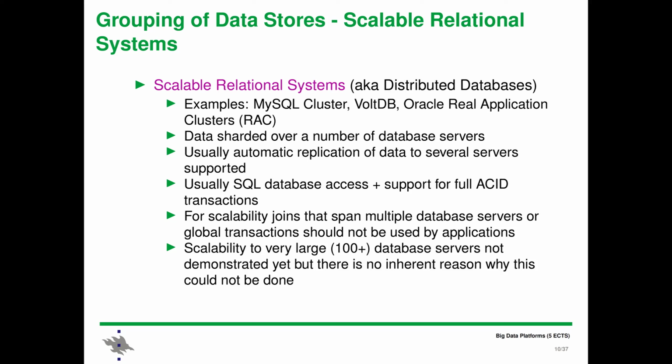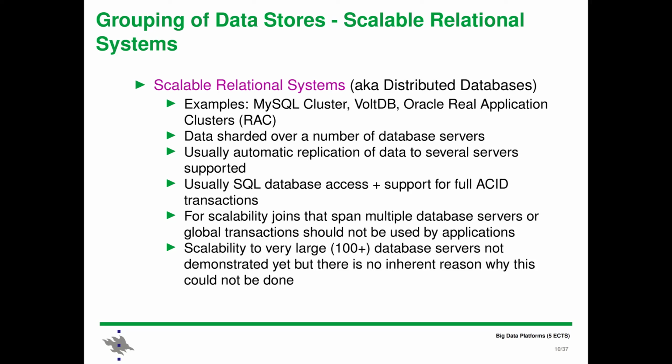These are relational databases that are running on a number of database servers. Quite often, automatic replication of data to several servers is supported. Usually we get full SQL database access and full support for ACID transactions.